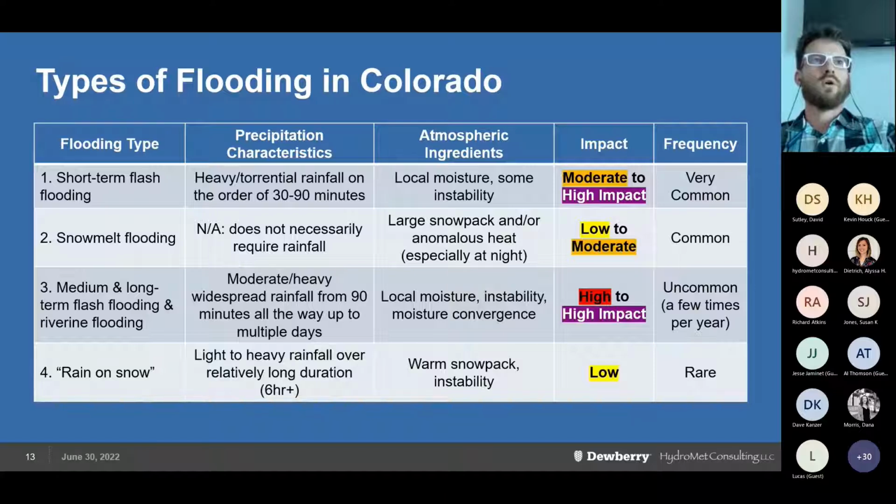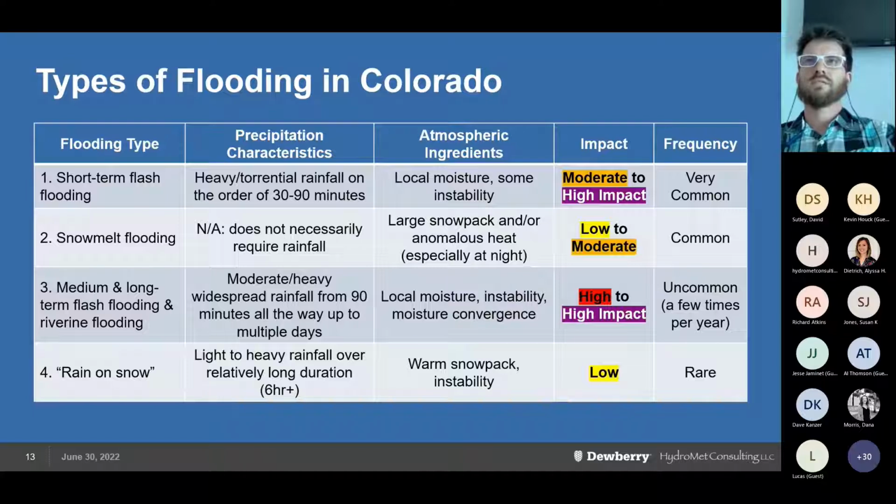Number one is your short-term flash flooding threat. This is your threat from individual thunderstorms or small clusters of thunderstorms that have a quick burst of anywhere from 30 minutes to maybe 90 minutes of heavy rainfall, and then either they fade away or they move to different locations.